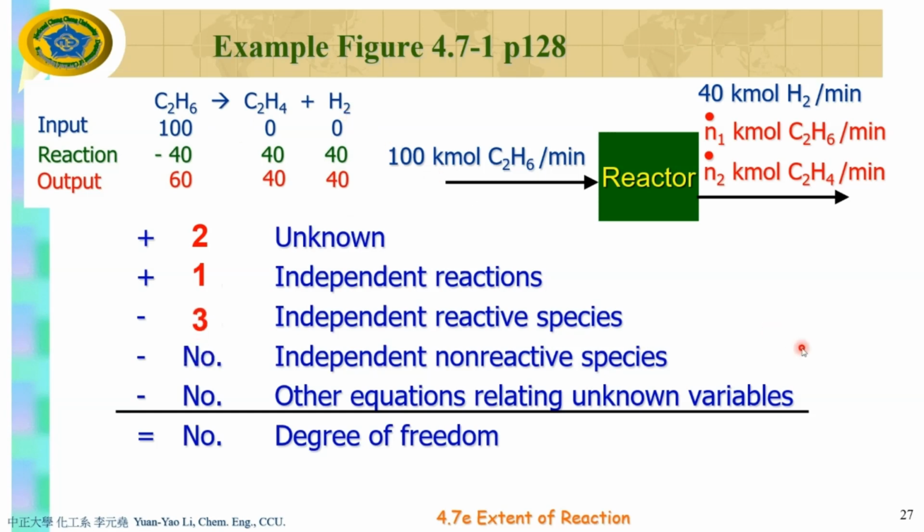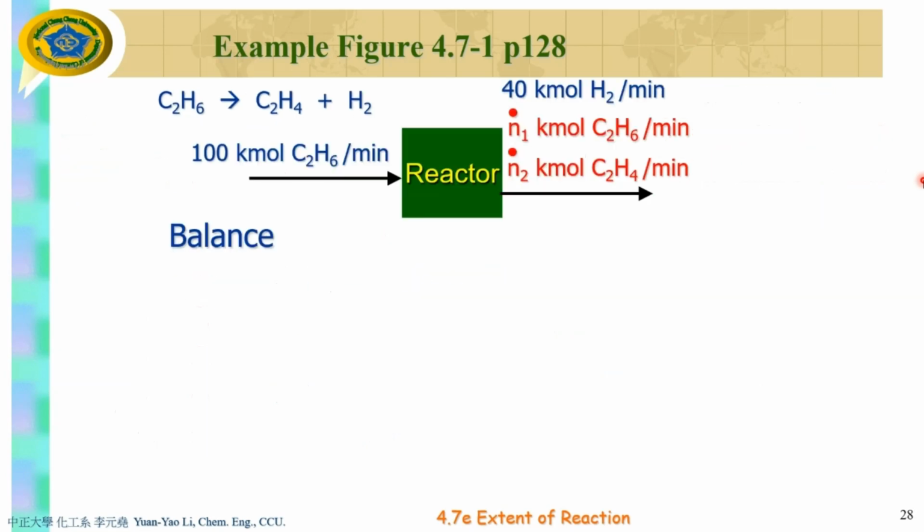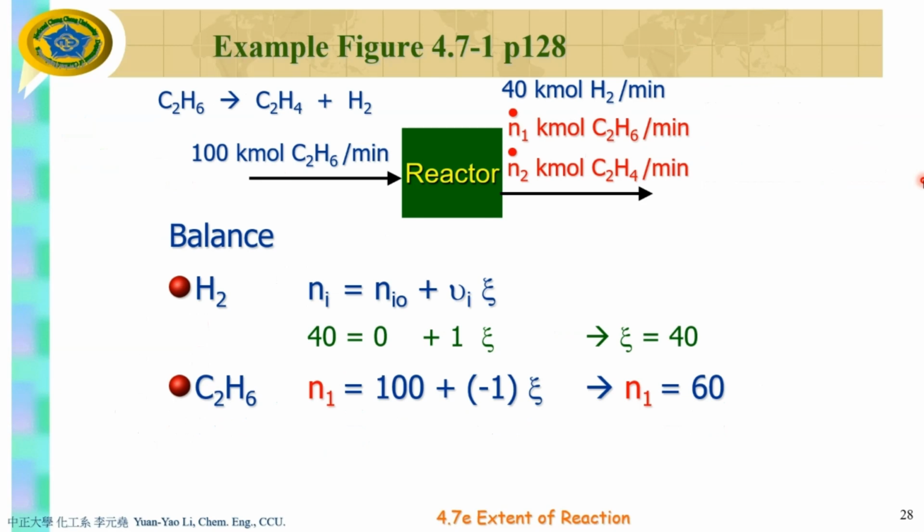Now, how many independent non-reactive species? 0. Do you have other equations? No. So you will have 3 unknowns and 3 equations. So again, bingo, you can solve the problem. Again, the answer is N1 and N2. So please work this out by yourself. Okay?